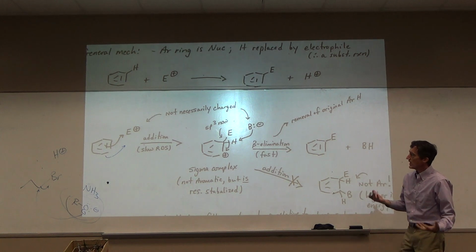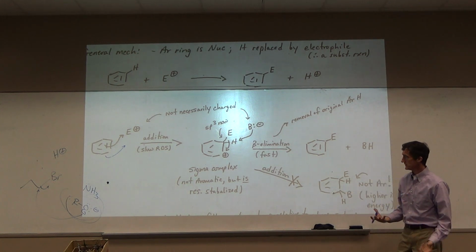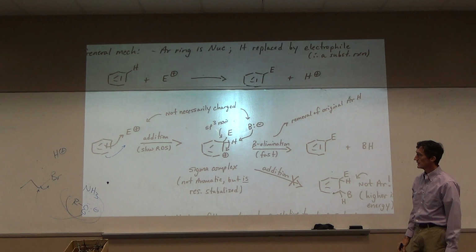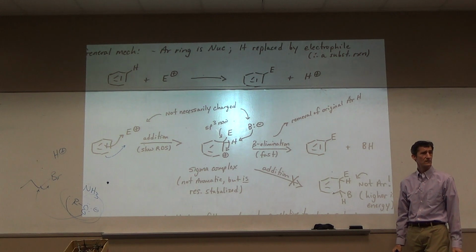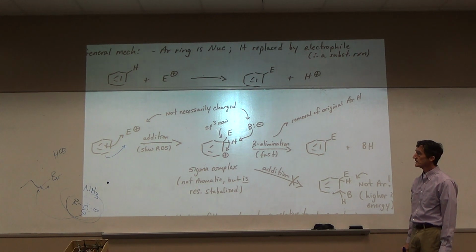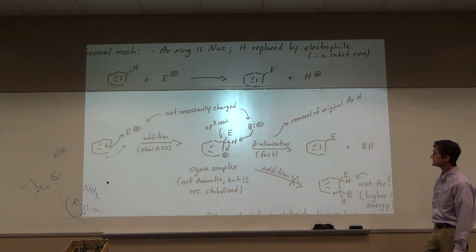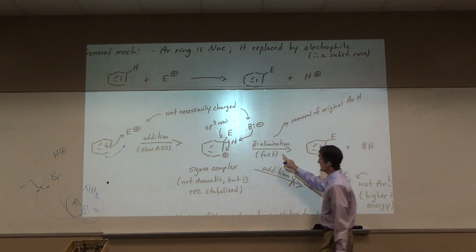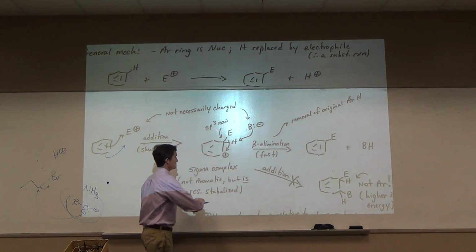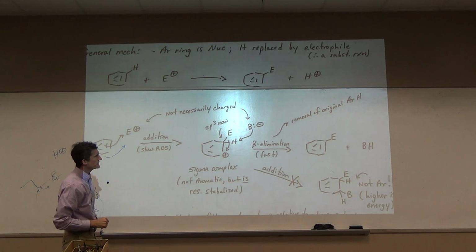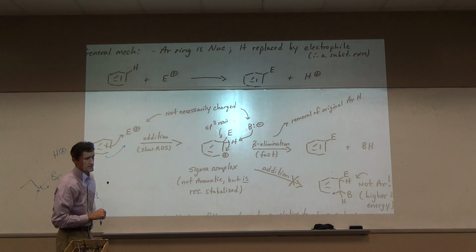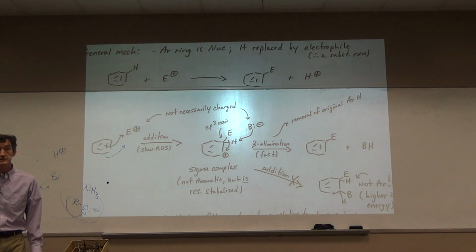But essentially, the H is lost as H plus, as an acid H. So in that regard, it doesn't look like a leaving group at all, but it is now gone. Now this is sort of called a beta elimination. It's reminiscent of the second step of an E1 elimination.